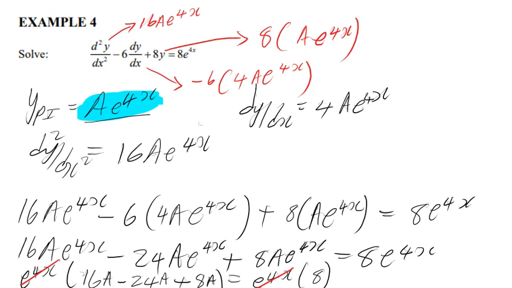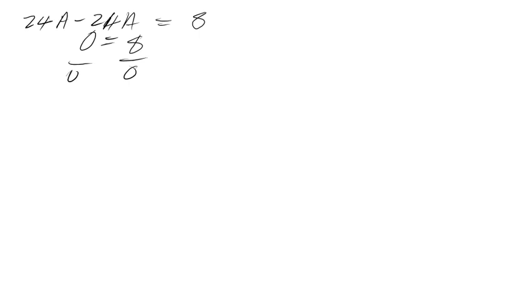And then for your a, you're going to have 24a minus 24a, which equals 8. So you get 0 on this side, and on this side you get 8. You cannot divide a number by 0, so it's undefined.